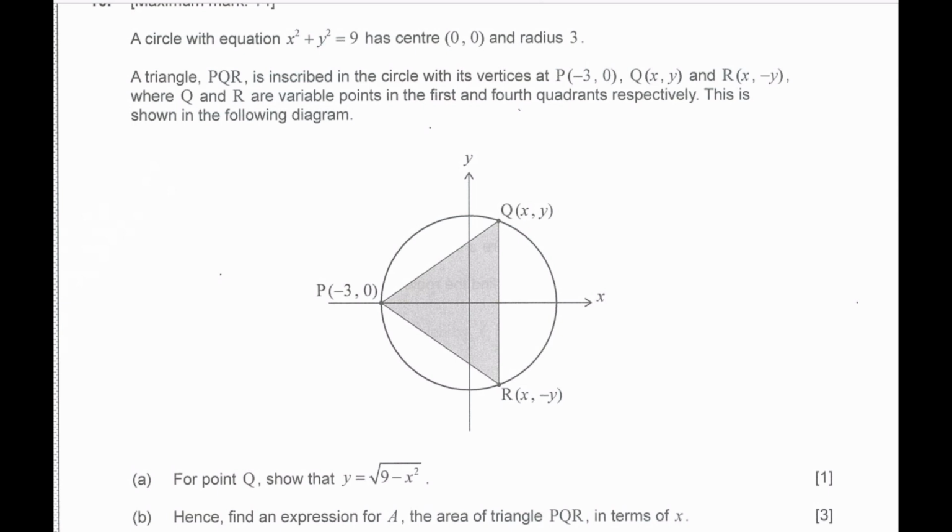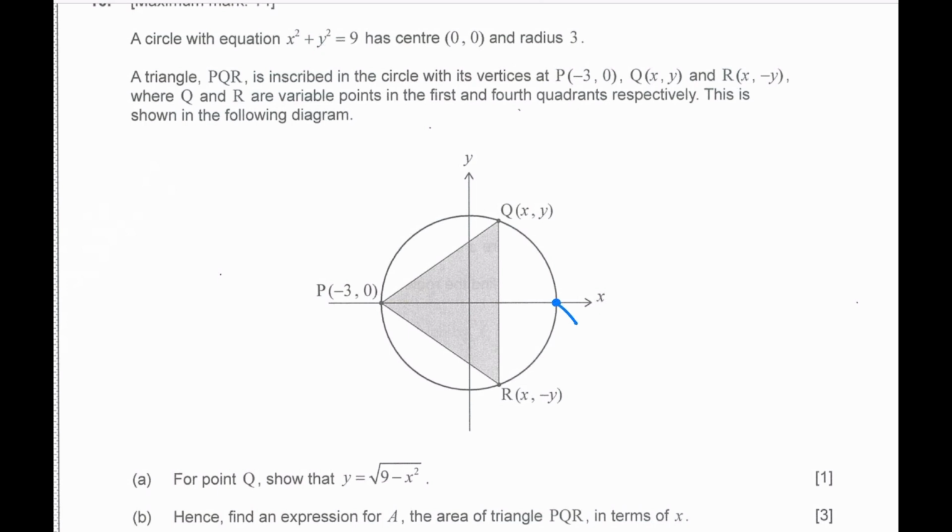This means that x has to be greater than 0. Also, because Q and R lie on the circle, the x-coordinate of Q and R can't exceed 3.